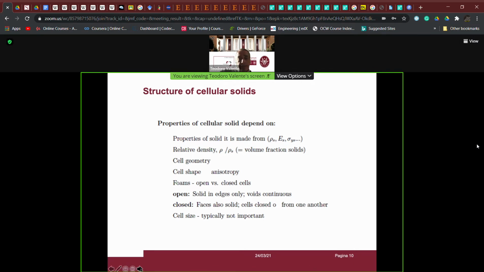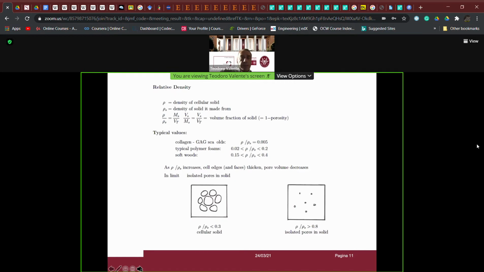In open cells, we do have just solid in the edges, and the voids inside the material are all interconnected. In closed cells, we do have material in the edges, but also on the faces. And this can give different contributions to the overall mechanical properties.